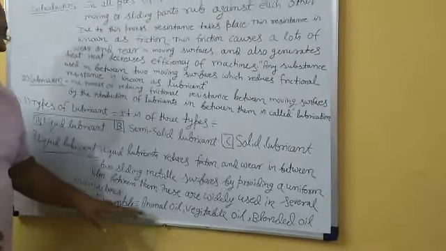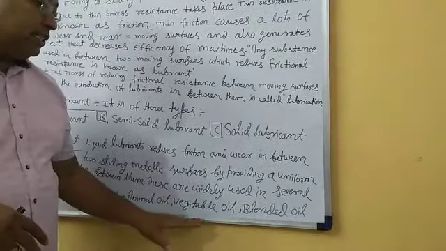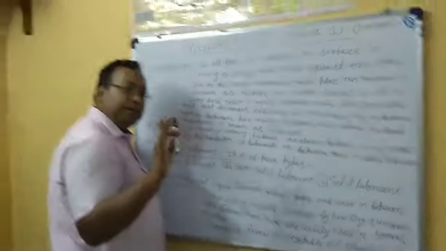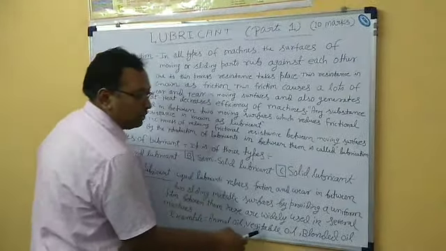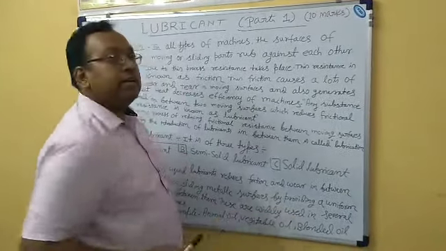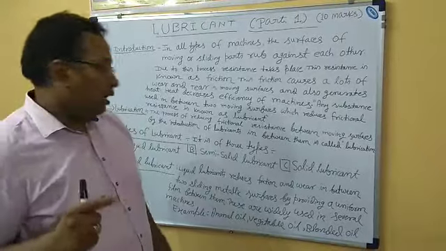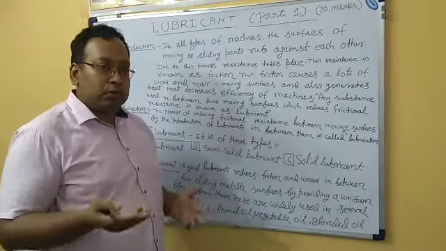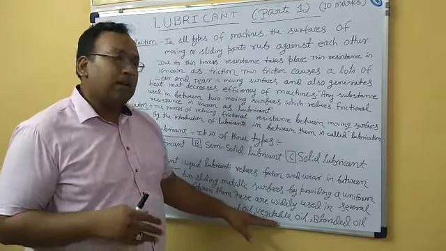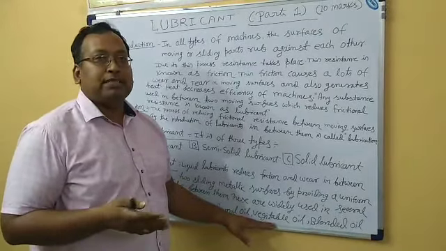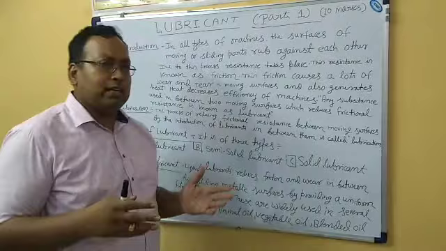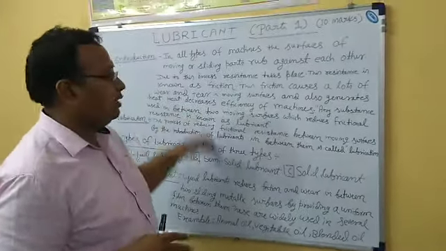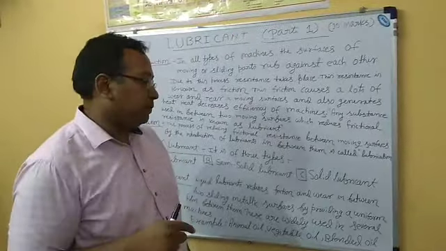Examples are animal oil, vegetable oil and blended oil. Animal oil and vegetable oil are also used in houses for cooking. In general, petroleum oils are introduced for the lubrication purpose.